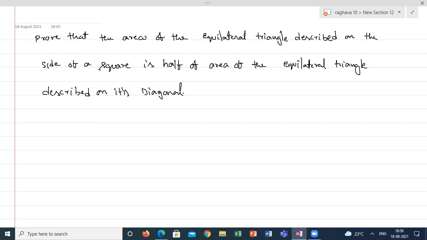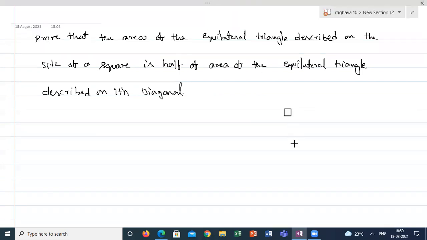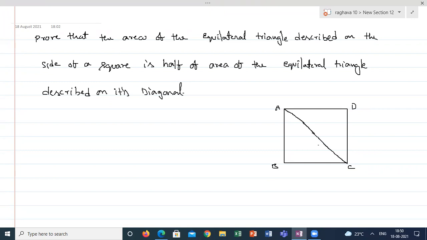Students, I am taking a square first. Describing means, suppose I am taking a square, consider this is a square ABCD. I am taking any one side and the diagonal is AC. Suppose this length is x, x, x and x, and this length is root 2x.